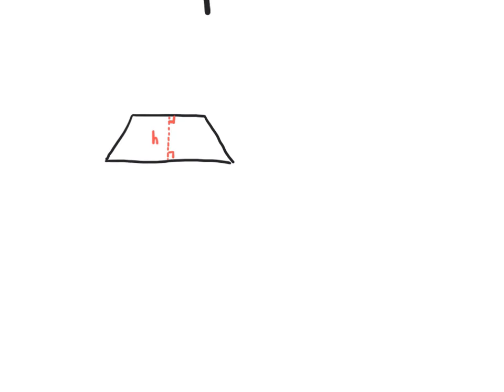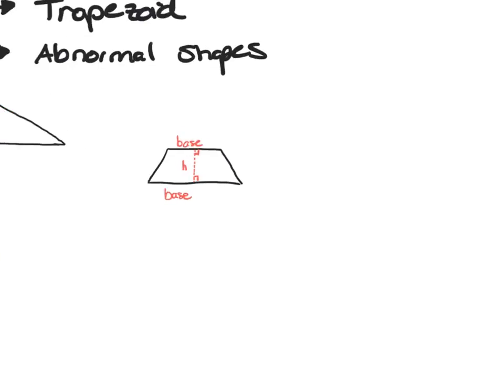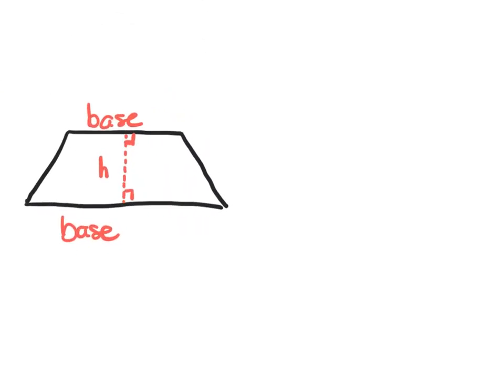Again, if you recall, parallel sides being here and here, that height is perpendicular to those sides. And then we also have these bases. We have a base here, and we have a base there. So there is our trapezoid.